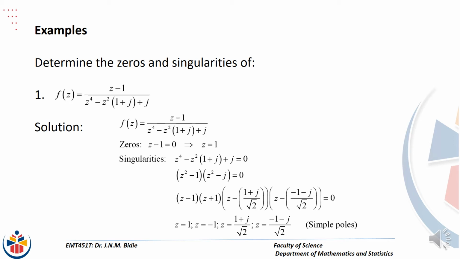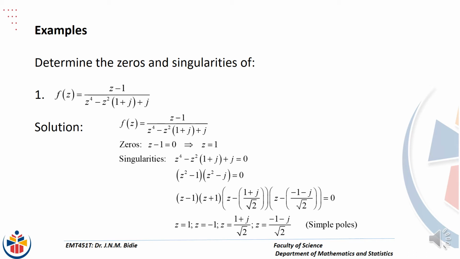Note that the factors of z to the power 4 are z squared and z squared. The factors of j are minus 1 times minus j. And then we know z squared minus 1 is a difference of two squares.